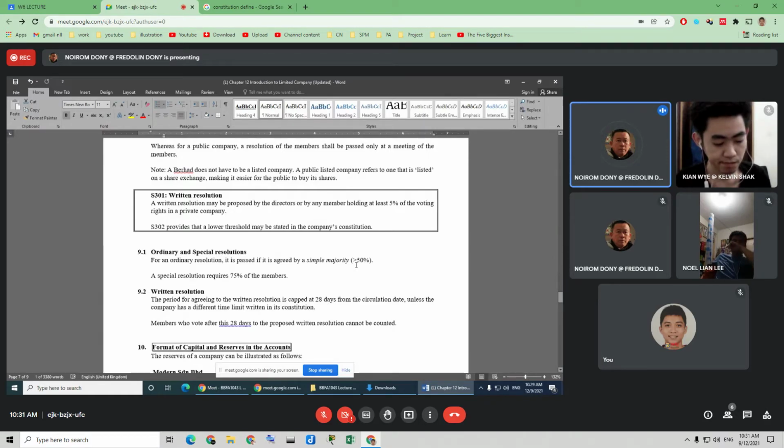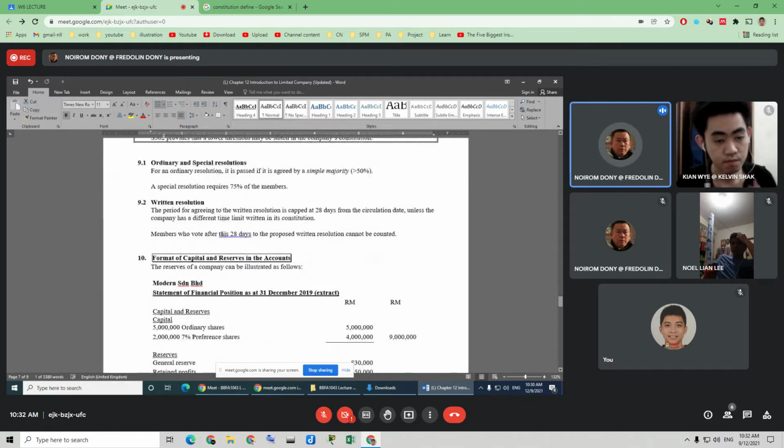But if we need a special resolution, then it requires 75% of the members. That is the difference between ordinary and special resolution. Ordinary is a simple majority, more than 50% only. But special, you need 75% of the members supporting. That is special resolution.